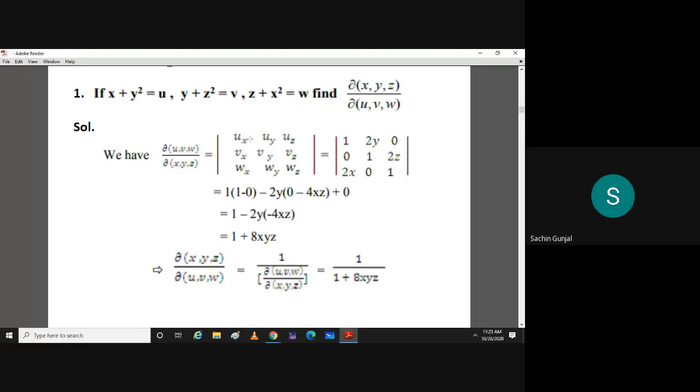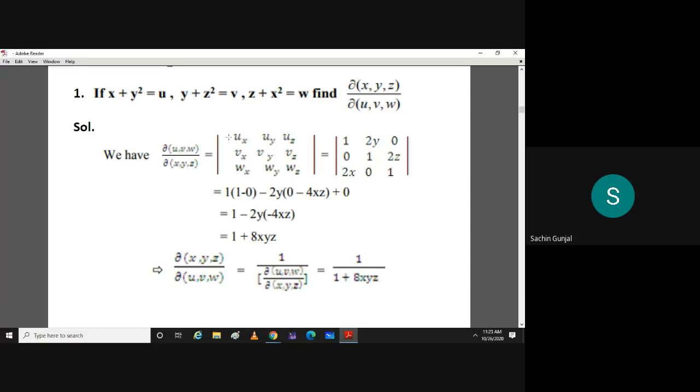So let us find Jacobian of uvw with respect to xyz, because it is already given that uvw are functions of xyz. So their derivatives are easy to calculate. By definition, the first row is ux, uy, uz, the second row is vx, vy, vz, and the third row is wx, wy, wz. So u with respect to x is 1, with respect to y it is 2y, with respect to z it is 0, because z is missing here.